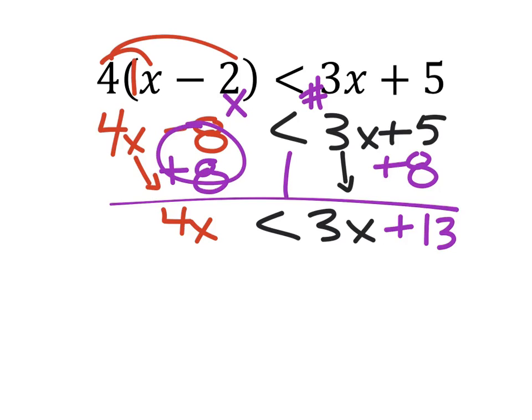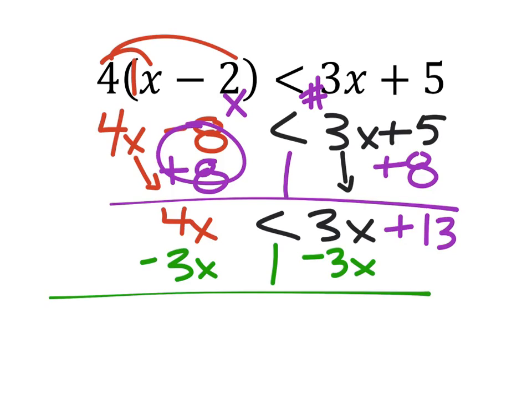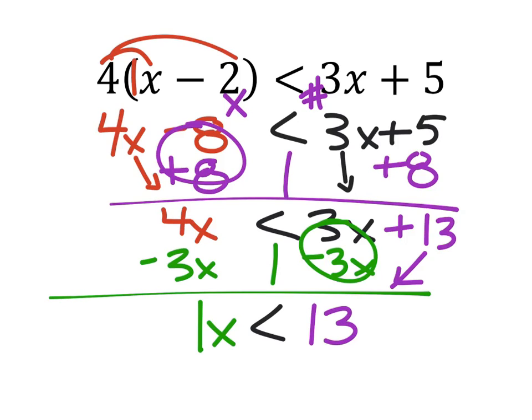But now that 3x is on the wrong side, so I'd have to zero that out by subtracting 3x. But if I do it to one side, I have to do it to the other side. So that does zero that out. 4x's minus 3x's is 1x, which is now less than, drop that 13 right there. And just make that a phantom 1, and we're done with the inequality part.